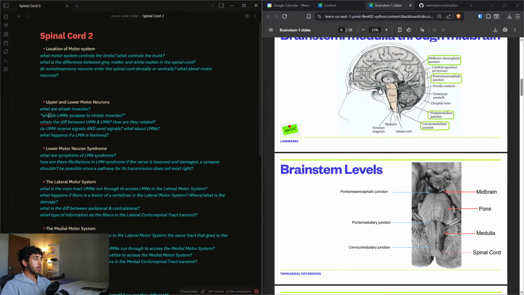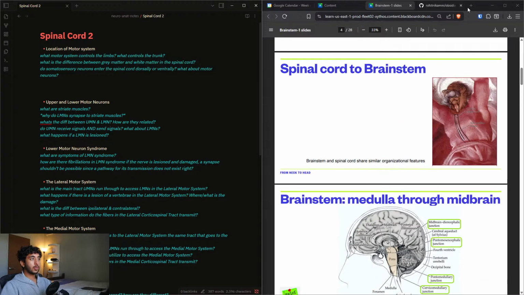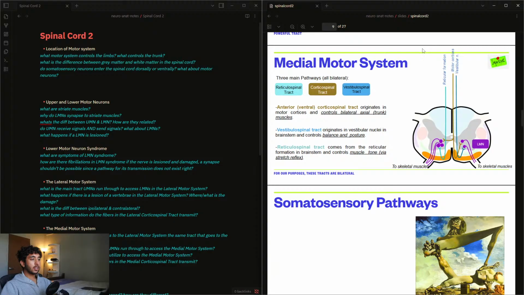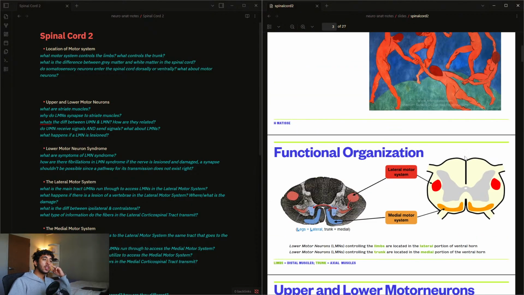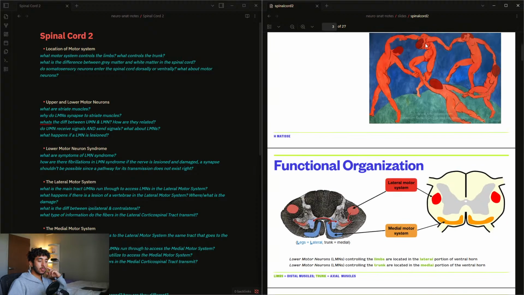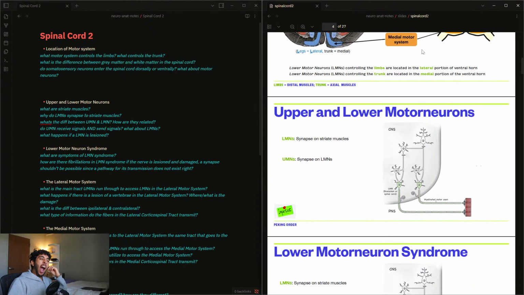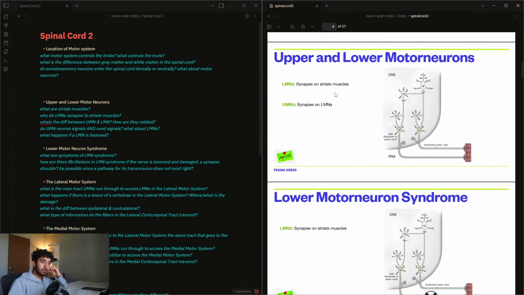Why do lower motor neurons synapse to striate muscles? I know that lower motor neurons synapse on striate muscles so they can contract. Okay, I see.